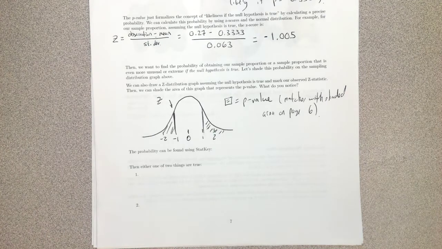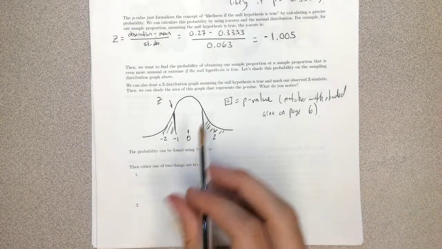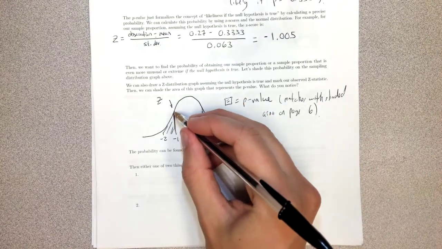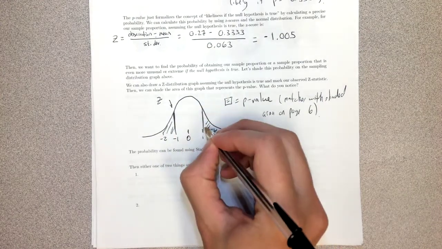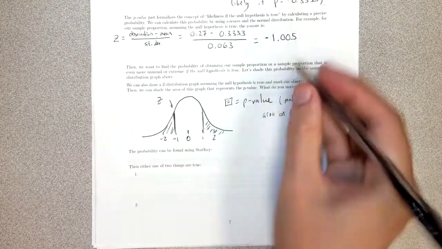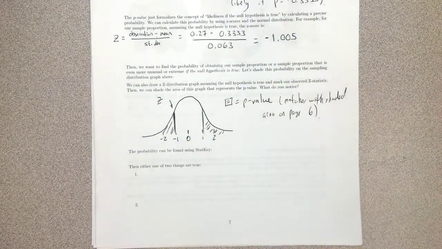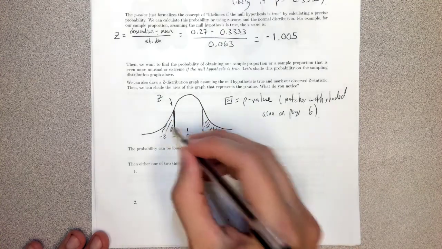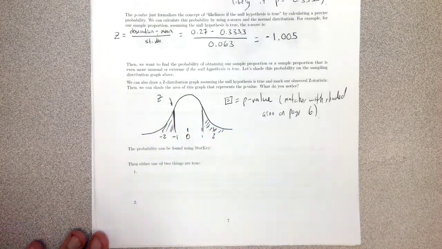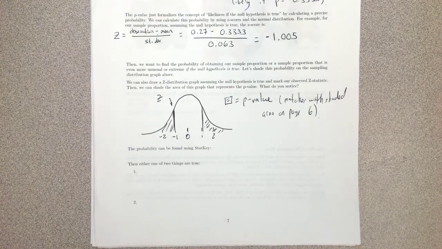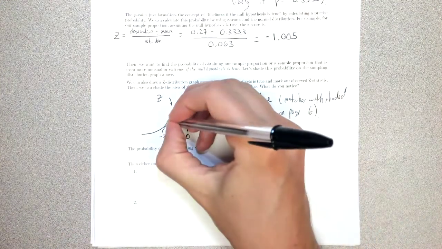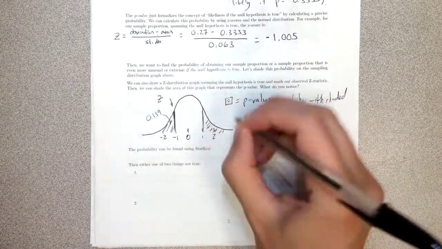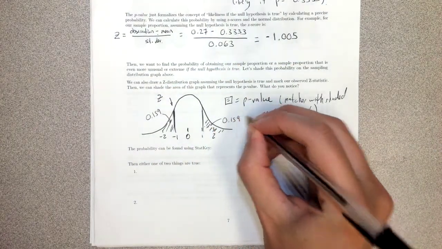So now what you could do is go on StatKey. I'm not going to do it here, but you're welcome to do it for some extra practice. If you go on StatKey, you should be able to go to the normal distribution. You should be able to click two-tailed, and then enter in negative 1.00 or negative 1.01. And StatKey should give you these two tail areas. When I did this, this area was 0.159, and same with this area.